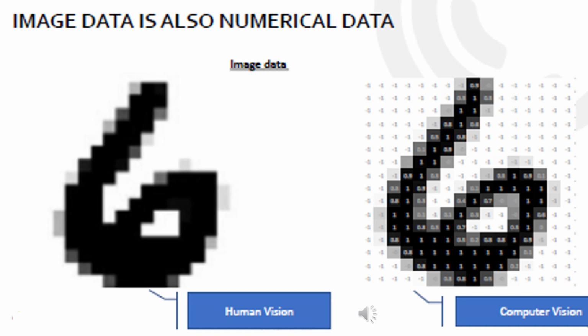These numbers help the machine identify patterns in the data. In this case, the machine learning model interprets these pixel values to recognize that the shape forms the digit 6. This process of converting image data into numbers is at the core of how machines are trained to understand visual information.